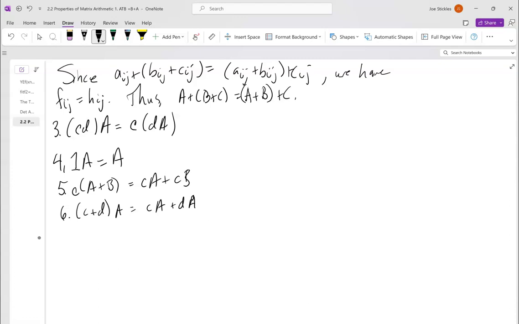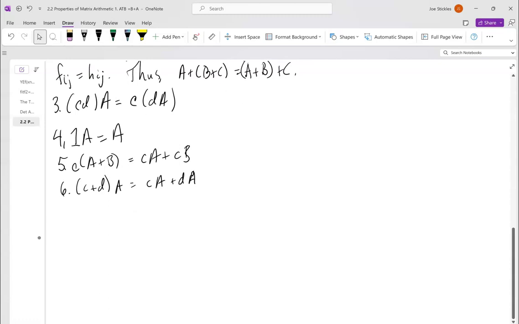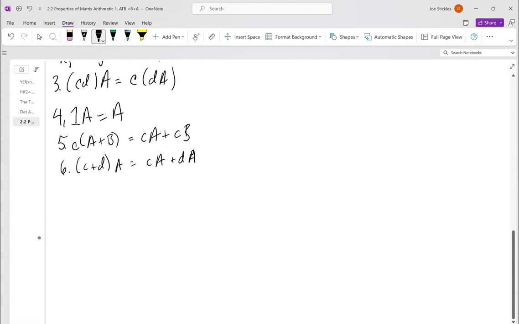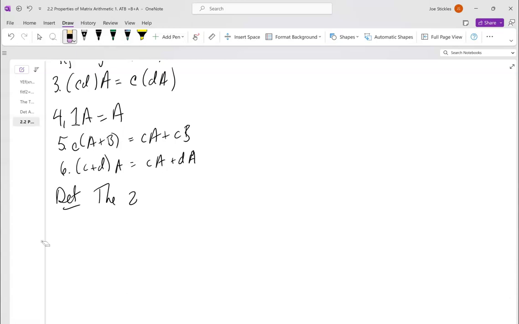All right. One of the other things they do in this section is start to introduce some special matrices. One of the special matrices they denote is the zero matrix. We need a different zero matrix for every size that we have. So we'll denote it with a capital letter O for obvious reasons.